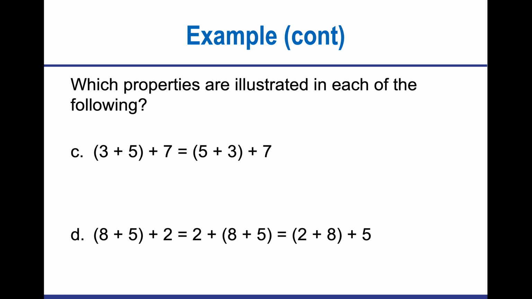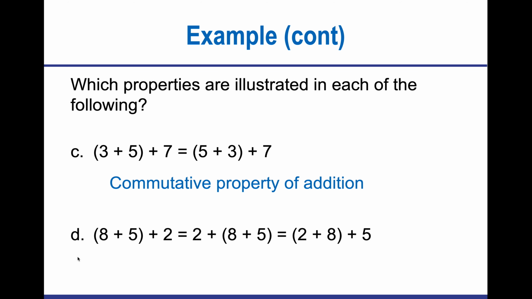In part C, now I have 3 or more things, and I'm grouping them together, which is going to be the commutative property because, wait for this, I grouped them together with parentheses, but did I move the parentheses themselves? I did not move the parentheses themselves. So what that means is that it's commutative and not associative.